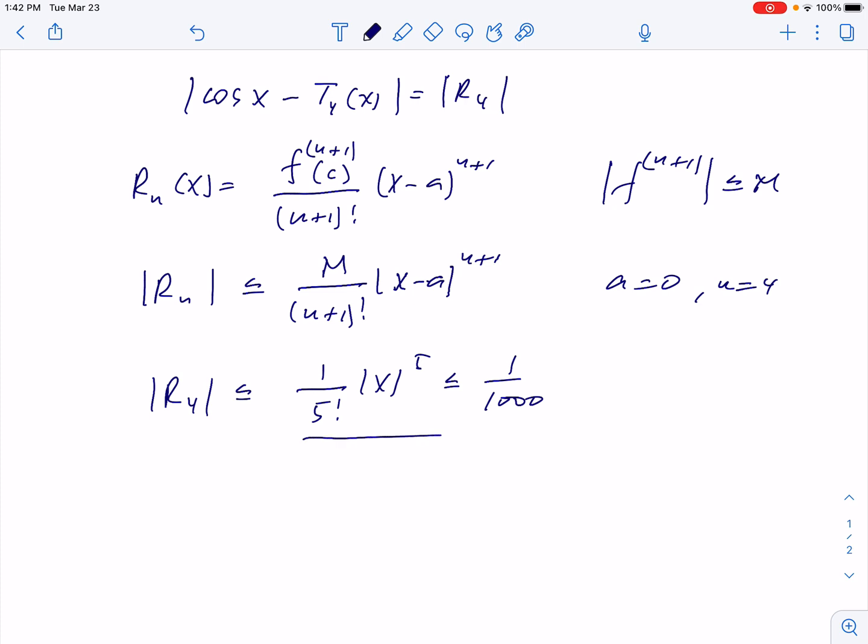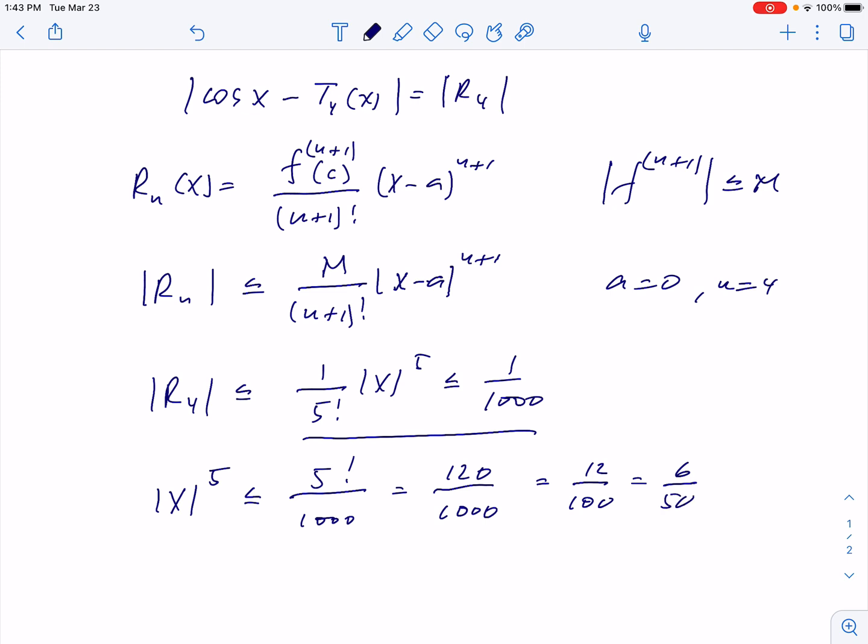Multiply this inequality by 5 factorial, and we have this condition: x to the fifth power should be less or equal 5 factorial over 1000. 5 factorial, this is the product 1, 2, 3, 4, 5, that's 120. And here we can reduce by 10, so this will be 12 over 100, and reduce by 2, 6 over 50, again by 2, that's 3 over 25.